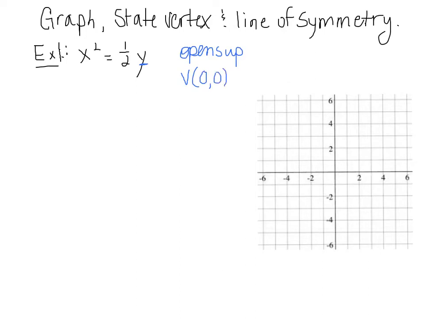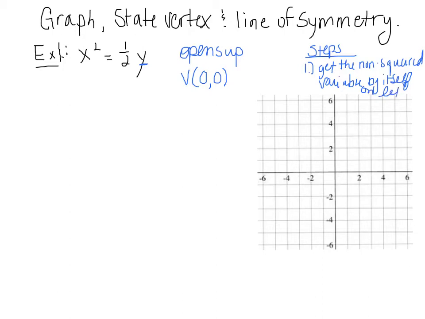In order to get a good picture of how we're going to graph this, what you want to do is get the y value by itself on the left-hand side. So if you're writing down some steps, that's the first thing you're going to do: get the non-squared variable by itself on the left.